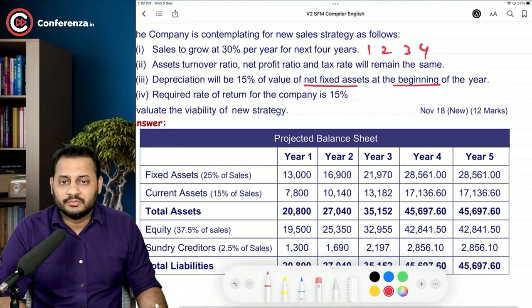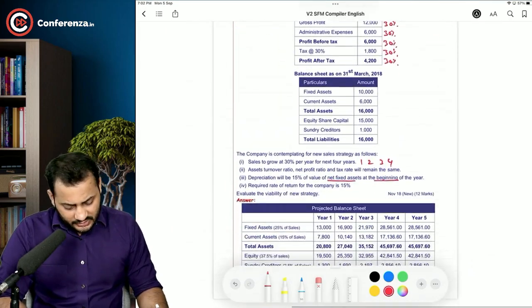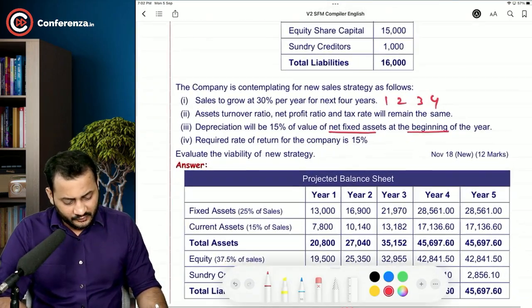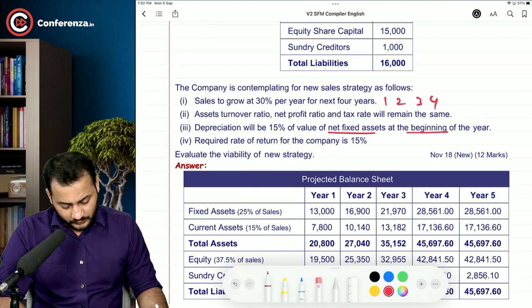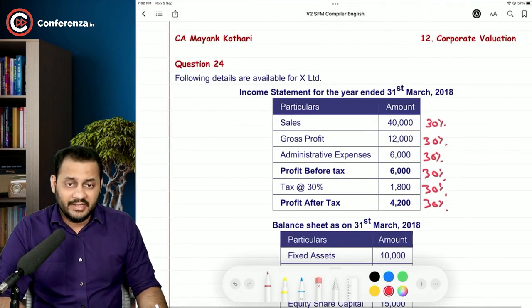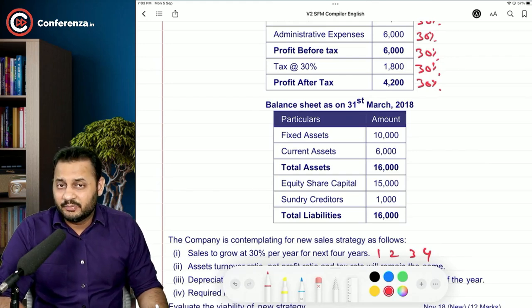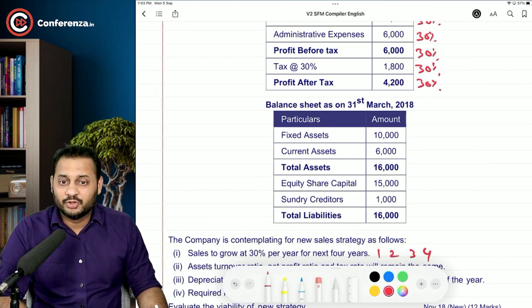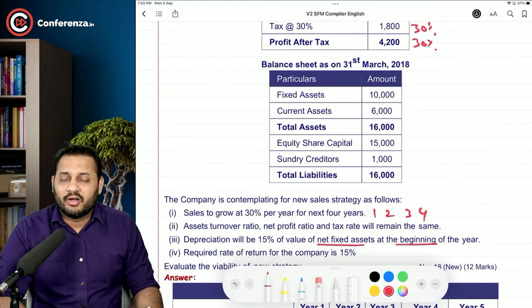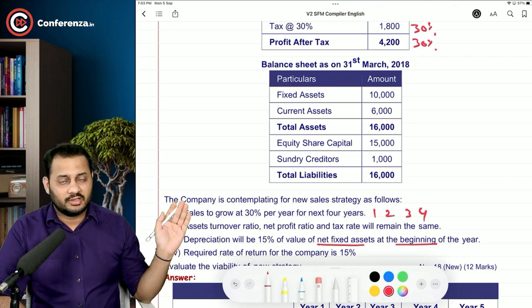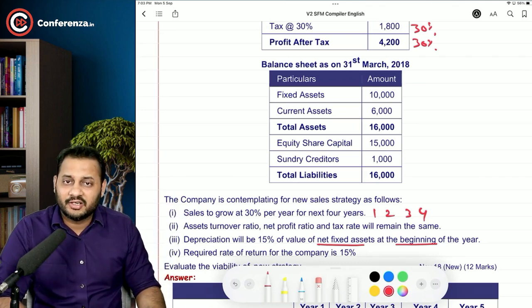Have a look. What else is given in this question? Nothing. Let's see. Yeah. The main point of the question is there is nothing related to perpetuity. We have seen in the previous questions that there was something perpetual, a stable growth rate, but there is no stable growth rate here. What does that mean? Do you think the company is going to go flat or shut down after 4 years?